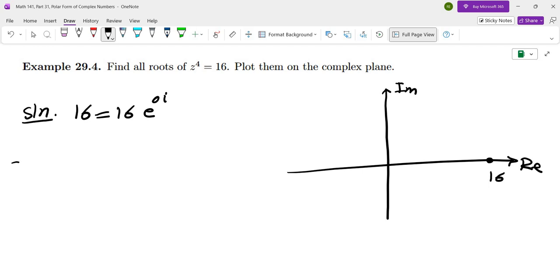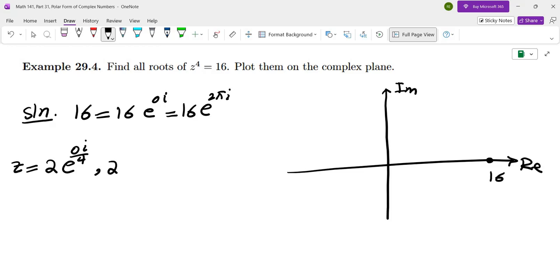Now, if I want to find the fourth root of that, I'll have to raise it to the power of 1 over 4. So 16 to the power of 1/4 is 2. And then I can divide the exponent by 4. Now, we can change the exponent by 2 pi. We can write it as 16 e to the power of 2 pi i.